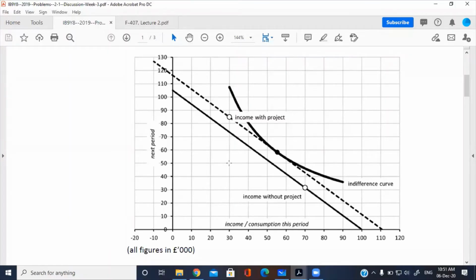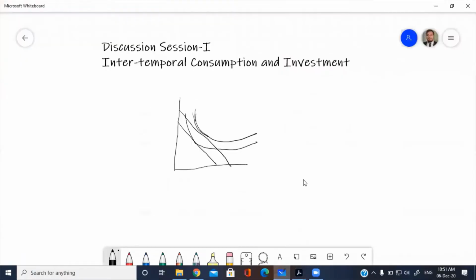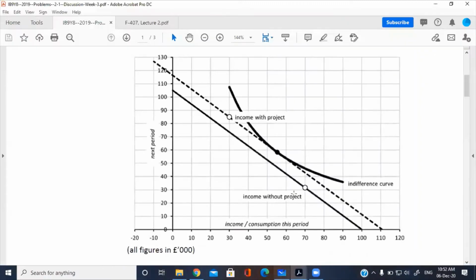In that case, you can recognize that the project requires an outflow of how much? Precisely, the project requires 40,000. So you are providing this 40,000 from your income, for example.